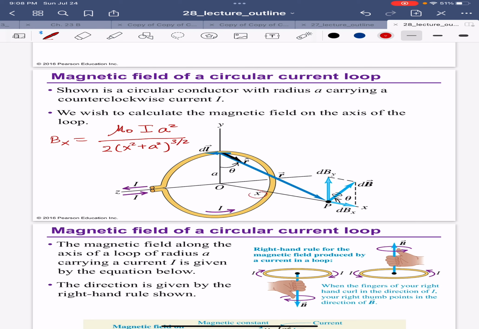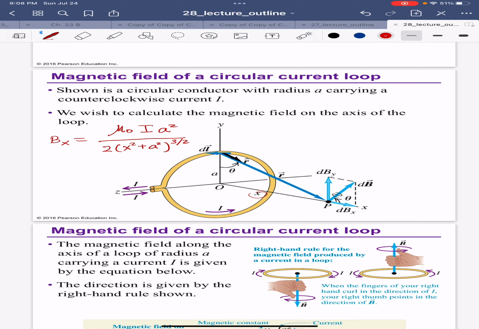Like this distance x. What I was going to say is that a is the radius of the loop. And as you can see, the magnetic field depends on I, depends on a, and depends also on the distance.